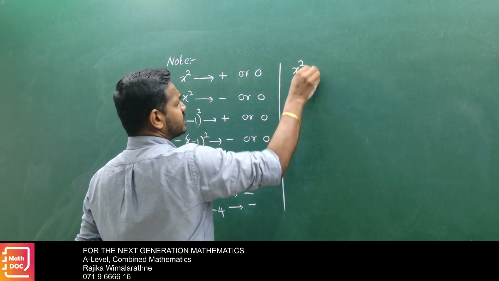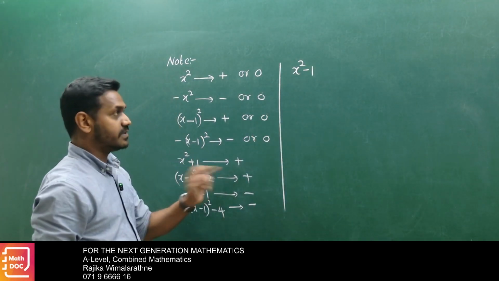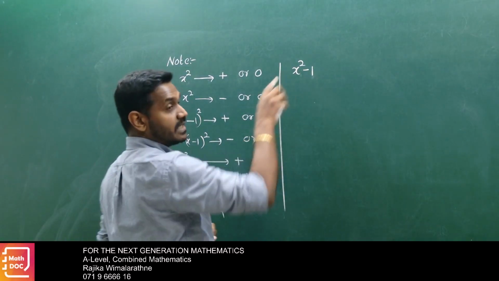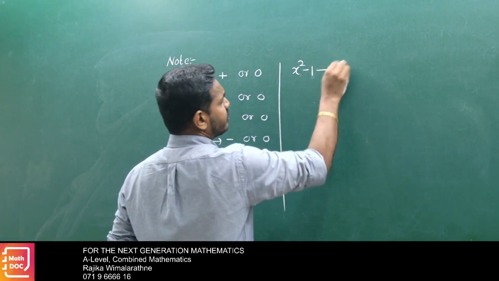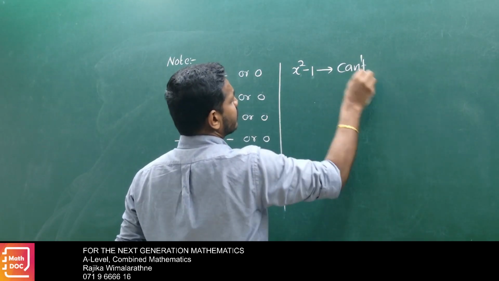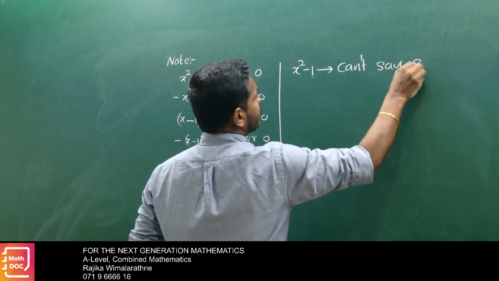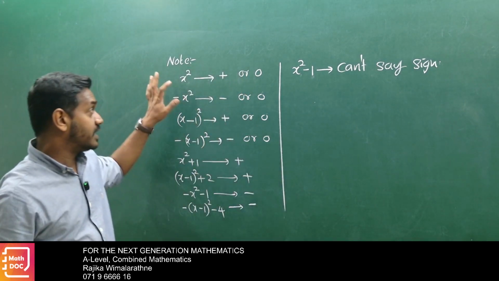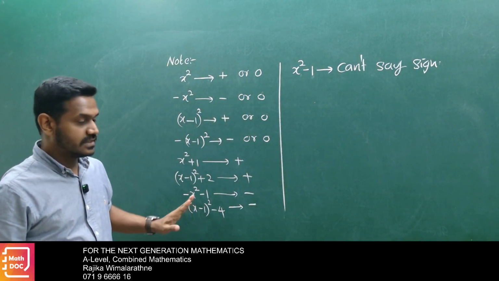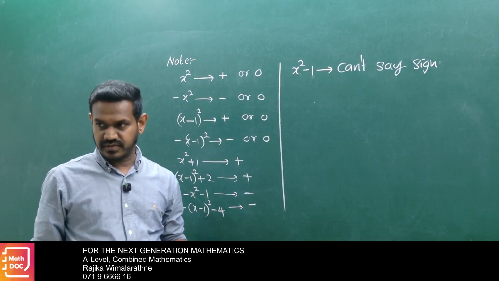Then x² − 1: here x² + 1 is positive, but x² − 1 we can't say the sign, no? We can't say the sign. But here we can exactly say these relations are positive or 0, okay.